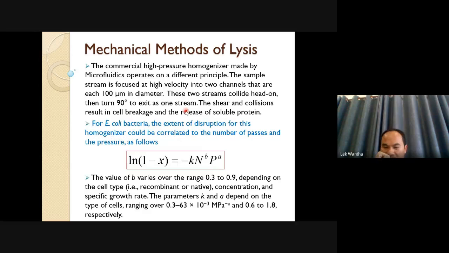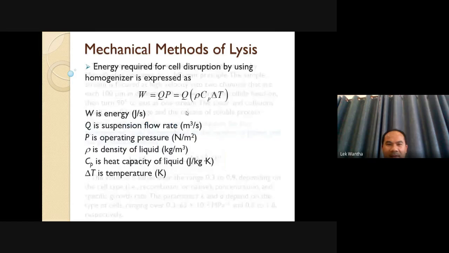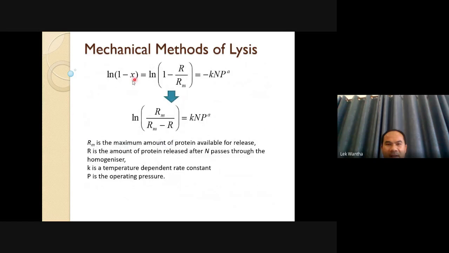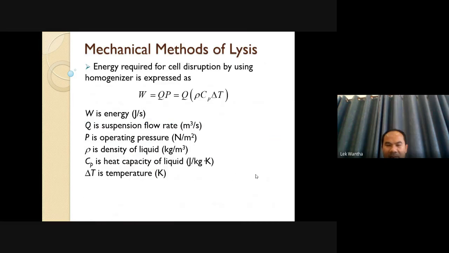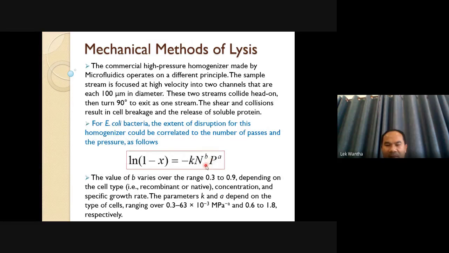Previously we talked about the expression of the release constant K as a function of N, for example for E. coli bacteria. N is a power B, and B is really from 0.3 to 0.9.